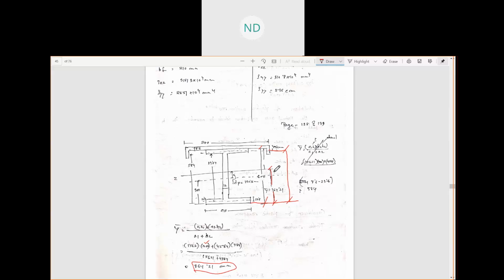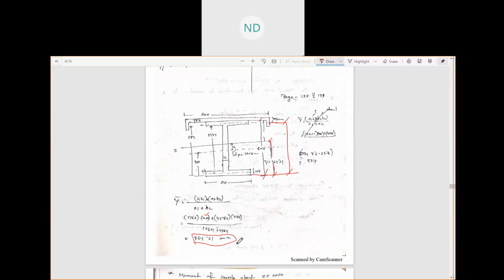It is this one, y bar, which is 364.21, measured from the bottom.